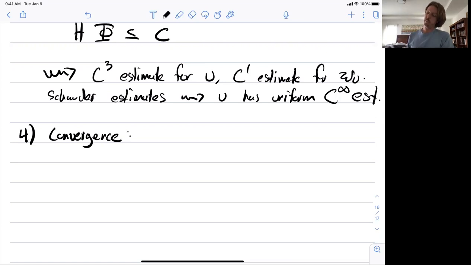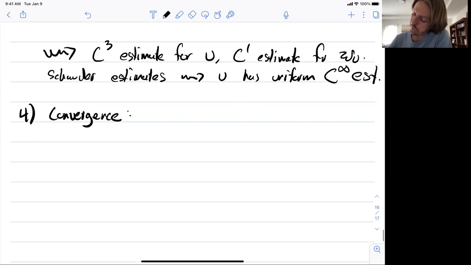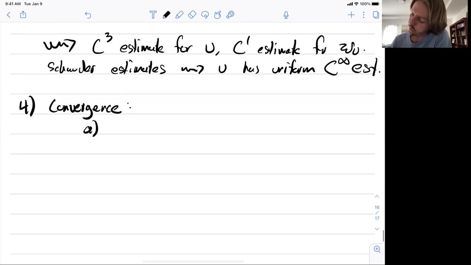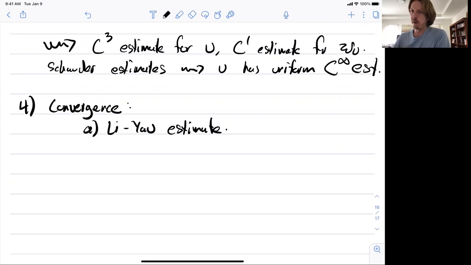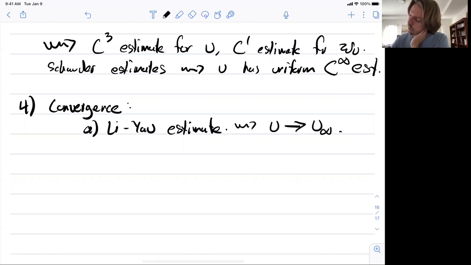It's purely analytic at this point. The proof Cao gives uses the Li-Yau estimate. At this point, even though it's a fully nonlinear equation, we've controlled everything well enough that you can think of it the same way you think of a heat equation, and you can get that u converges to some limit, u infinity.